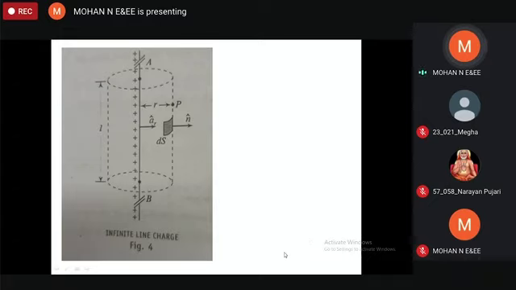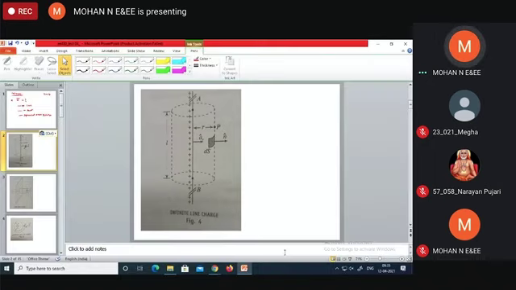So what have we done? We have assumed a Gaussian surface, that is a closed surface, which is nothing but a right circular cylindrical surface of radius r.